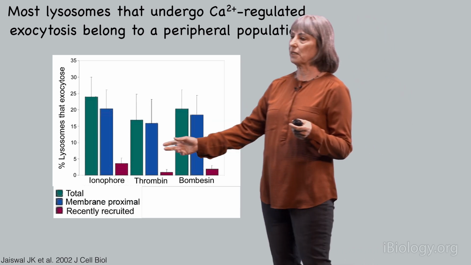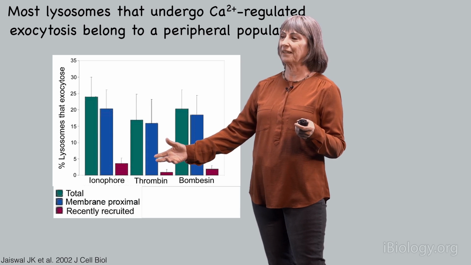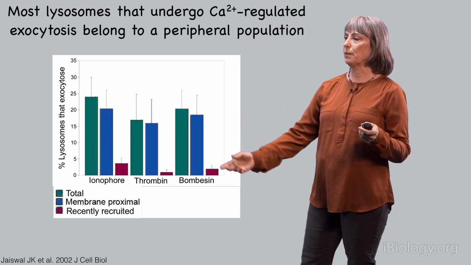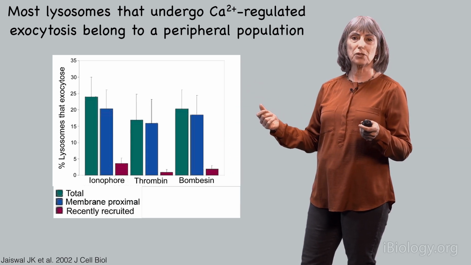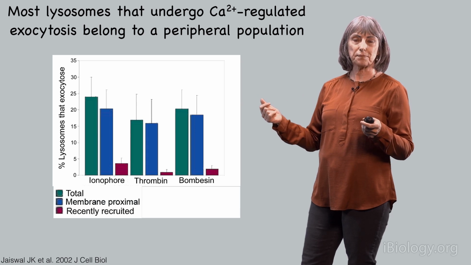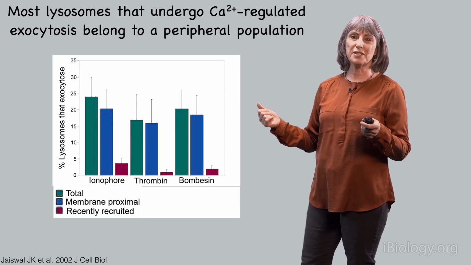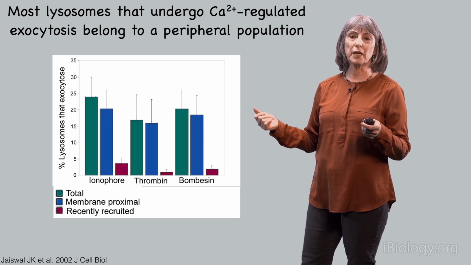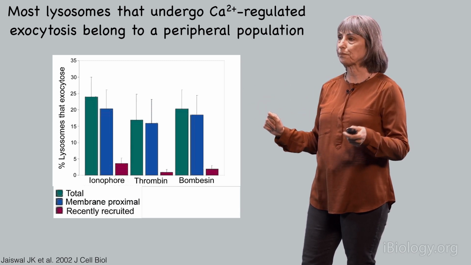There were very few examples of lysosomes that were in the dark, deeper into the cell, and entered this population at the periphery. So this told us that there is a population of peripheral lysosomes dedicated for exocytosis or perhaps for other functions, and it's really quite gratifying that recently there have been several labs working out what is the molecular machinery that is retaining these lysosomes at the periphery.